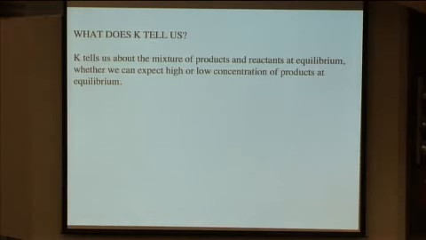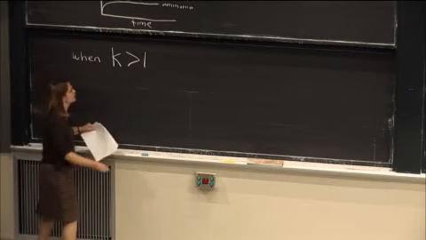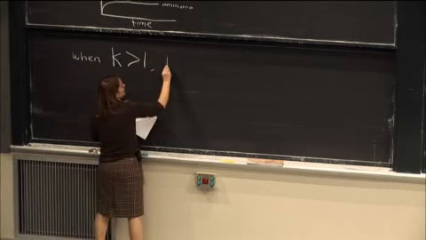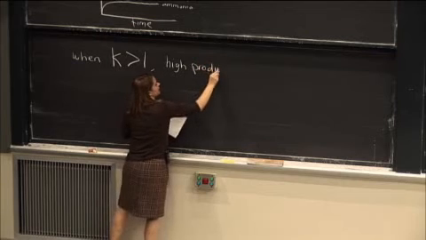When you have K that's greater than 1, so more products than reactants at equilibrium, you can think about this in terms of higher products at equilibrium.